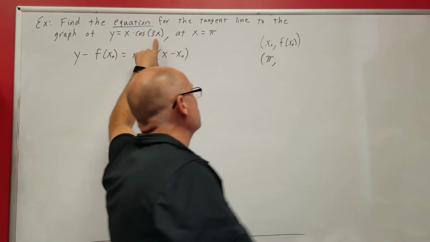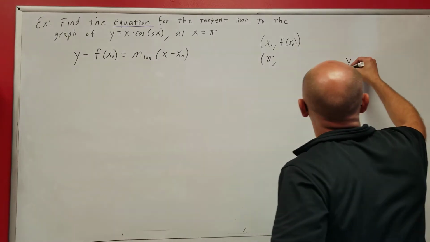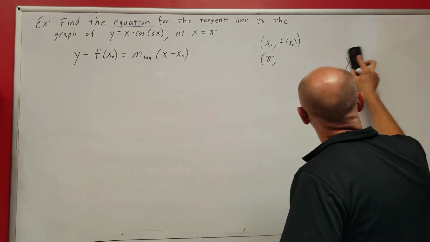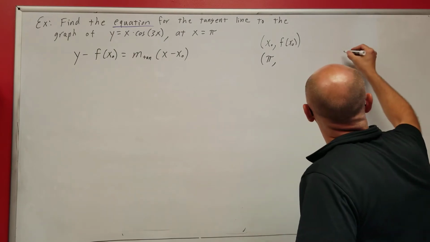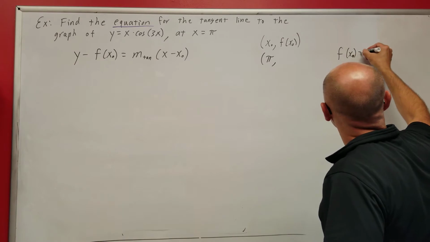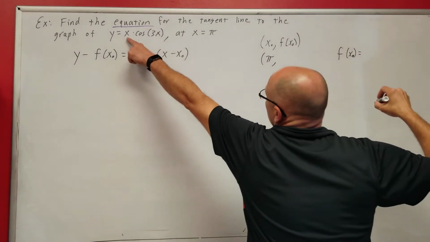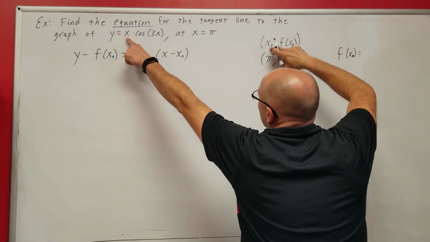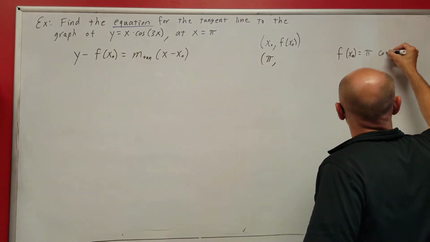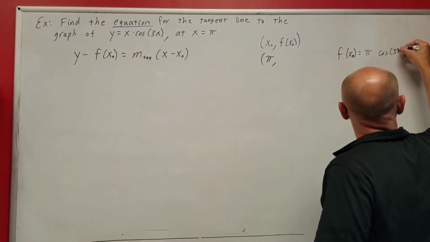Let me write this one out. Let's call it f at x naught. That'll be this x value, which is pi, times the cosine at 3 pi.